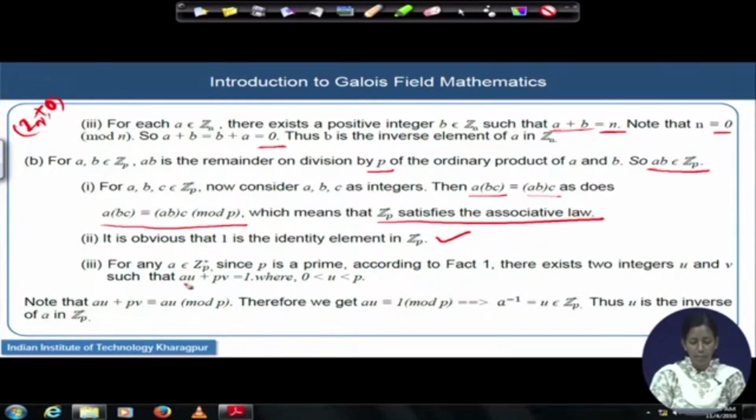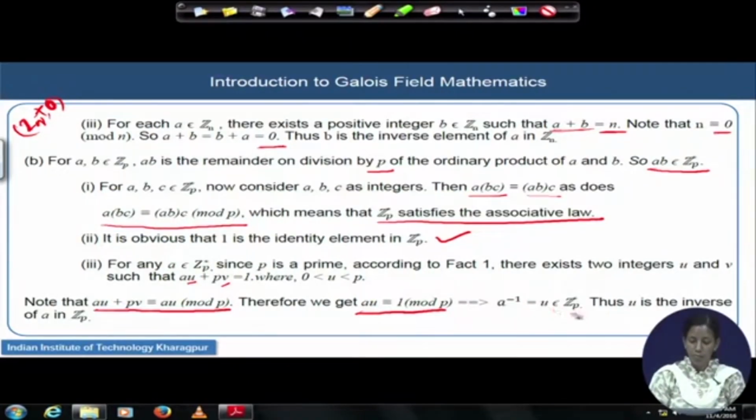And for any element A in Zp star, where p is a prime number, according to the fact we have declared earlier, there should exist two other numbers u and v such that au + pv is equal to 1, where u varies between 0 and p. Remember that au + pv mod p is equivalent to au mod p. So, actually we get au is equal to 1 mod p, which further gives that A inverse is equal to u, nothing else.